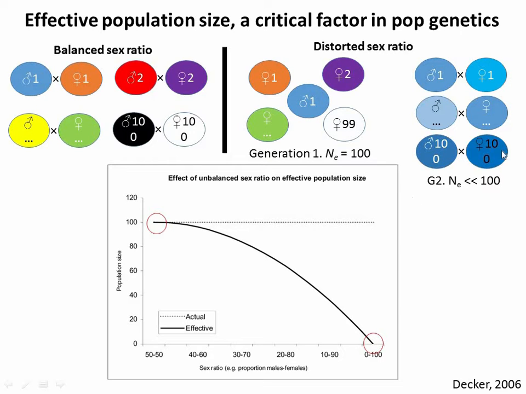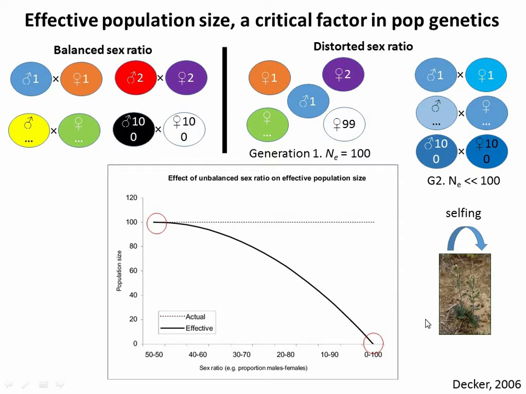And especially why? Because generation after generation, you will actually end up in a scenario very similar to selfing. You will increase the rate of homozygosity to start with, and especially the rate of homozygosity of the male genome. And because of that, generation after generation, the population's effective population size will simply decrease to reach something close to 0.